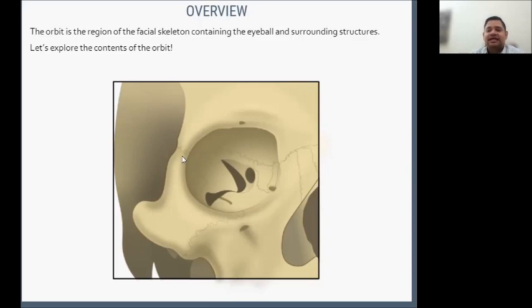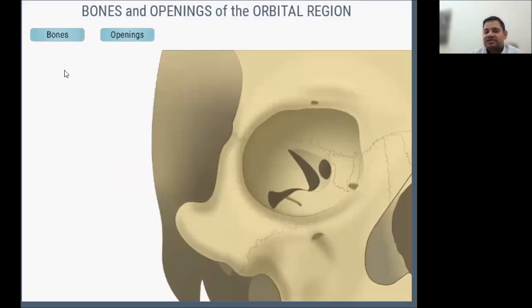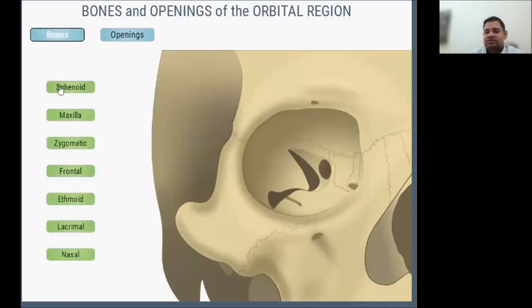Okay, so this is the diagram which you see right now. It is the bony part of the orbit which we are going to talk about in detail. First of all, we'll see the different types of bones which form this cup-like arrangement, or a little depression, present in the frontal part of our skull. What are the bones?